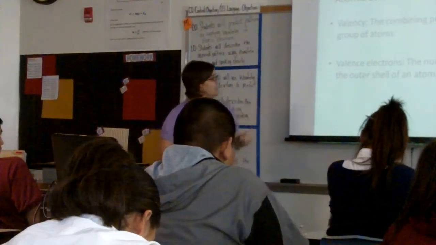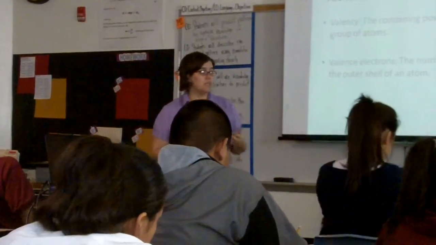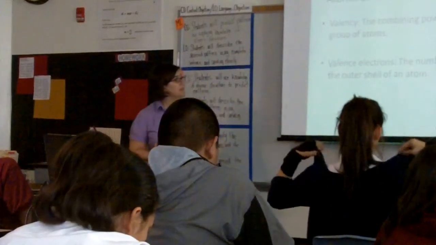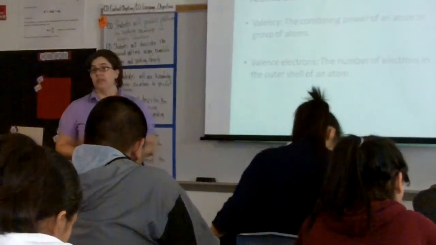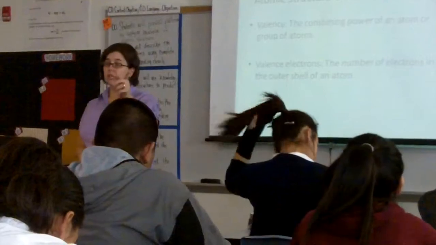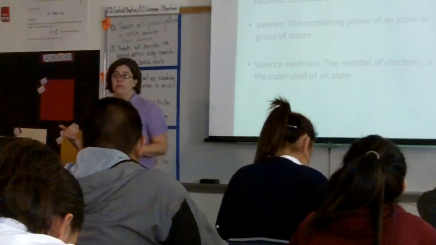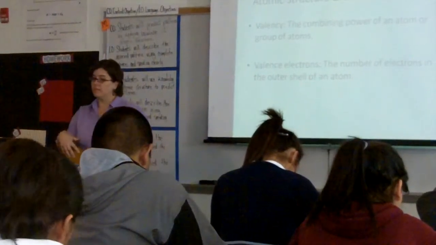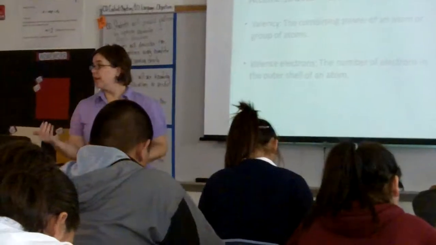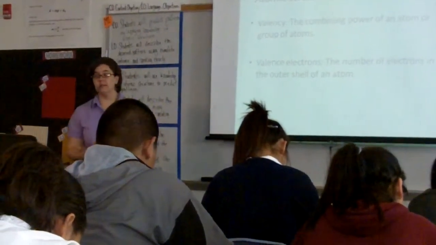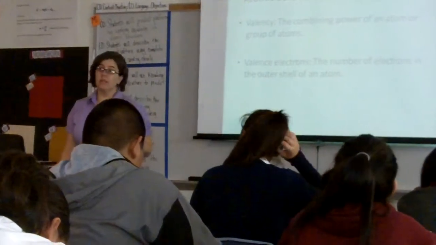The second idea says valence electrons, and that's an easier one to start with, because it's the number of electrons in the outer shell of an atom. I know I heard at least one group talk about that, because if you took a physical science class last year, maybe in 7th or 8th grade, when we were talking about atomic structure, this term of valence electrons comes up quite a bit.